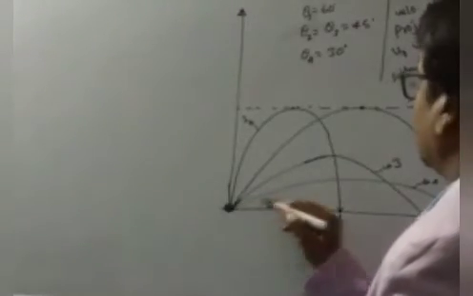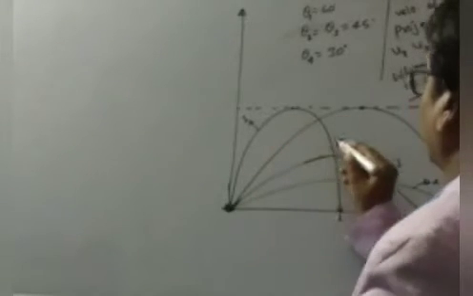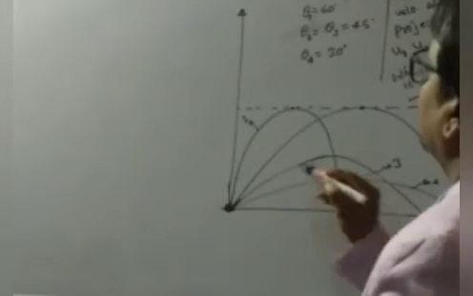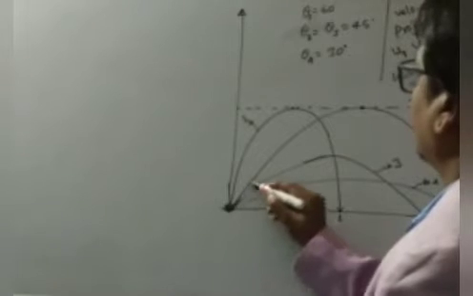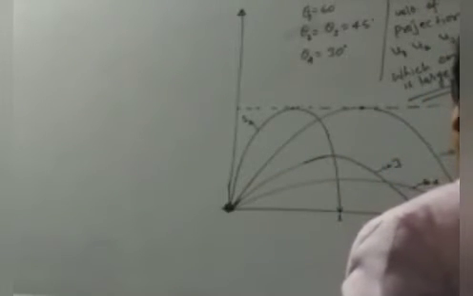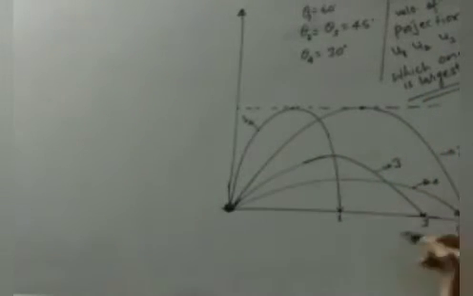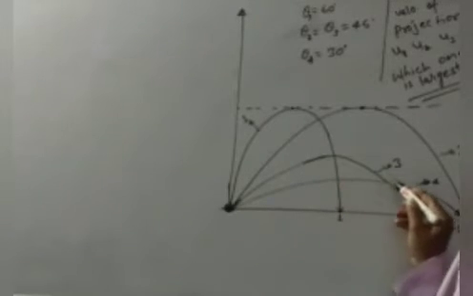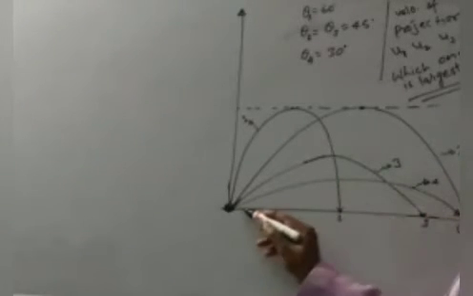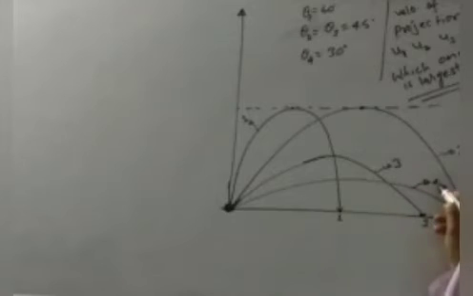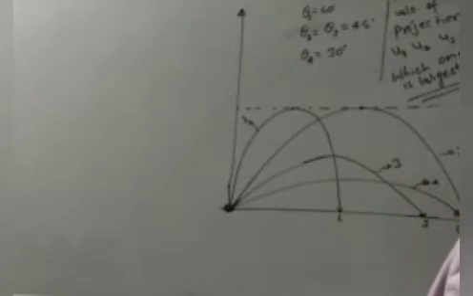This is the path of trajectory for the first projectile, this is the path for the second projectile, this is the path for the third projectile, and this is the path for the fourth projectile. Okay dear.